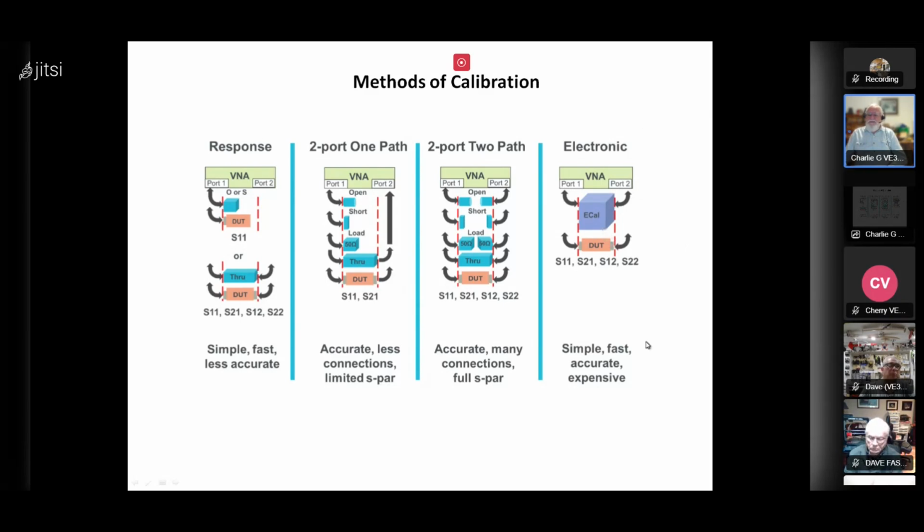You touch the button that says calibrate, it goes clickety click, and it's done calibrating, and then it can do your measurement. It's very simple, very fast, very accurate, and tends to be quite pricey. It's one of those features that you pay extra bucks for sure. Not available in a NanoVNA. The NanoVNA really, the 2-port 1 path calibration is the one that we should always be using.